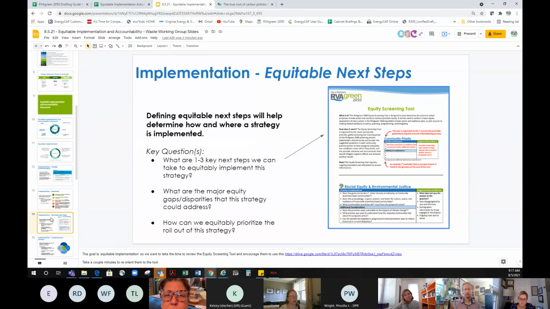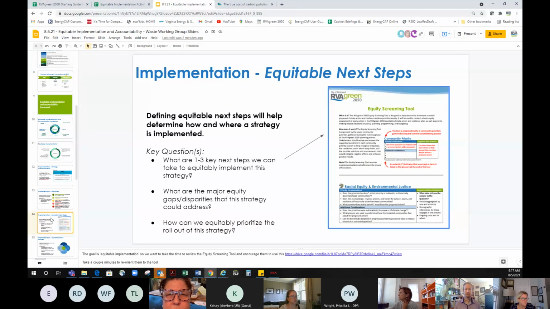And this is where the equity screening tool is really helpful. The link to that is on the first slide of this slide deck, or Wendy just put it in the chat. And that helps us really think about the next steps necessary to make the subcomponents or the strategies equitable.